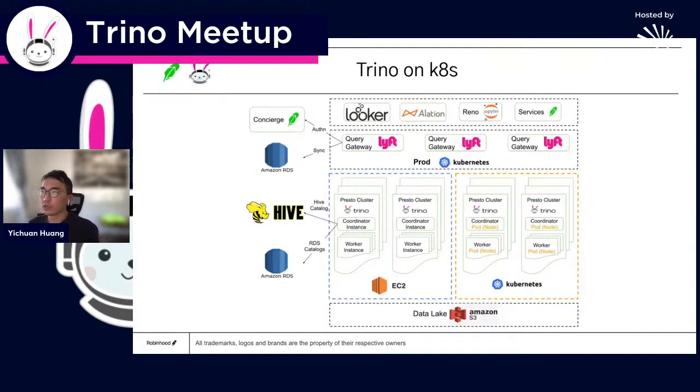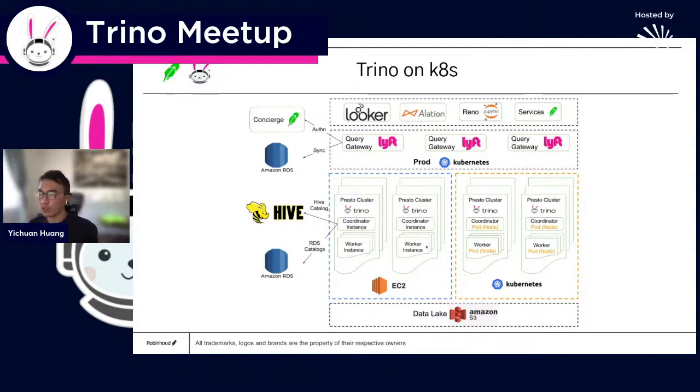So the solution is basically to migrate the Trino clusters from EC2 to Kubernetes. This is a design graph of how it will look when we migrate Trino to Kubernetes. The upper layer are the clients we have, and we have already migrated the Query Gateway to our Kubernetes cluster.